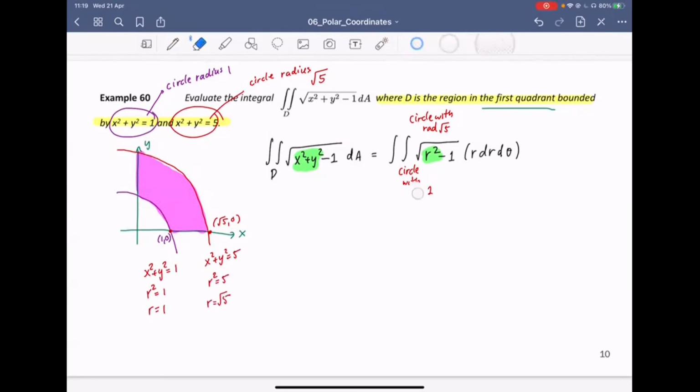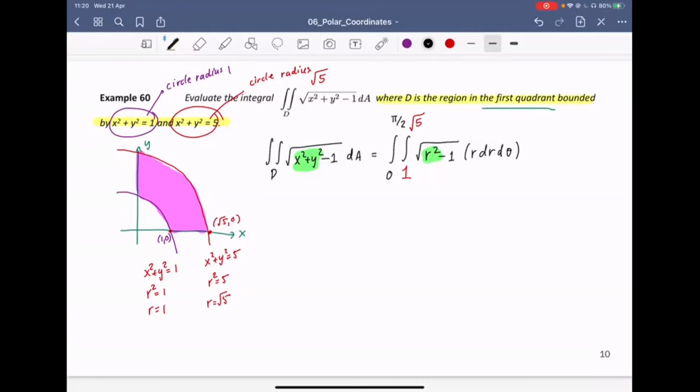That means your lower boundary here is going to be 1, and the upper boundary here is going to be square root 5, because you have the circle curve on the bottom and the square root 5 curve on the top. And then theta is easy: 0 to pi over 2, because it sits in the first quadrant. Then you just integrate this thing, and that will be your answer.